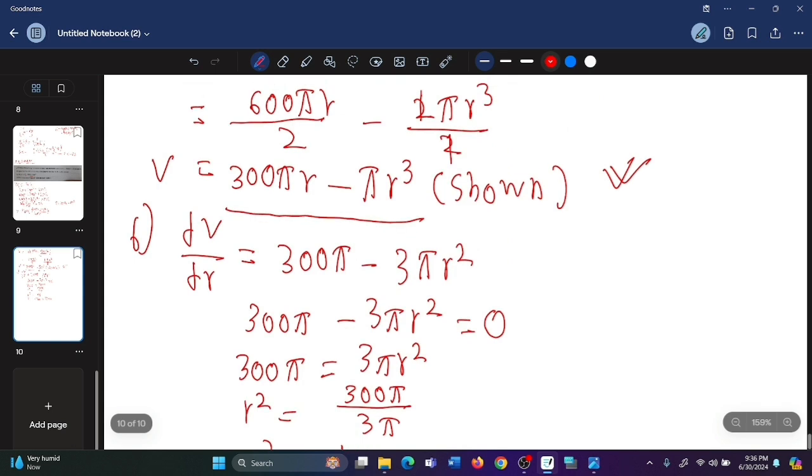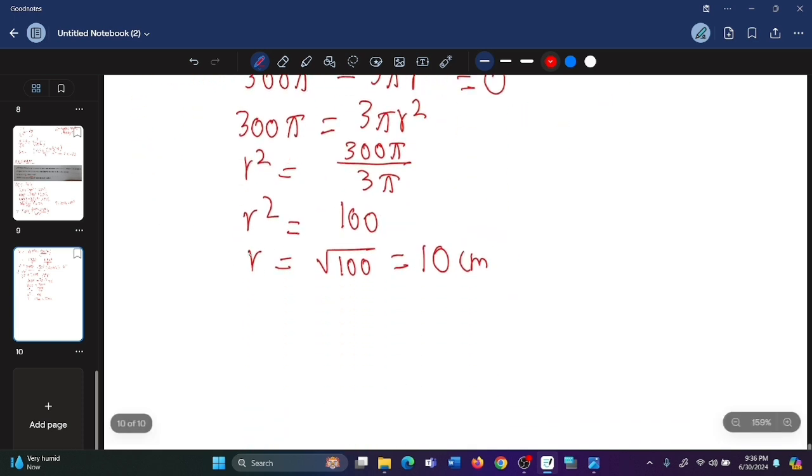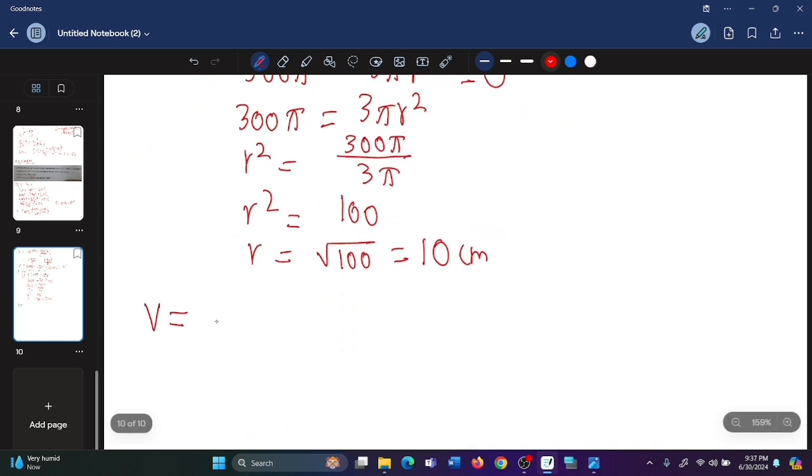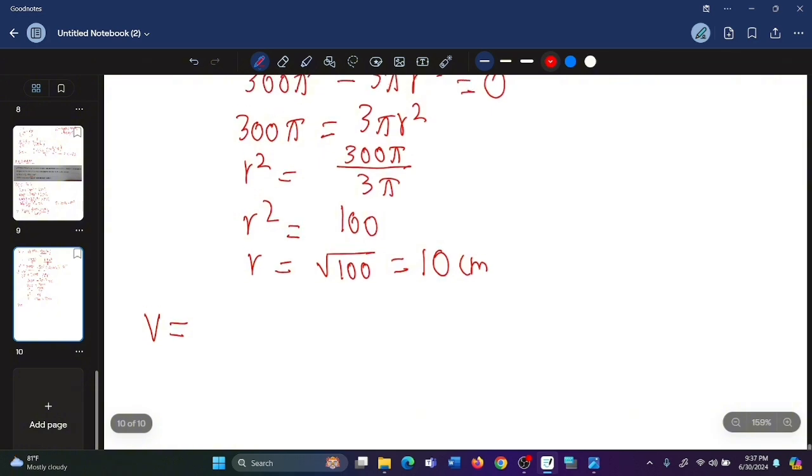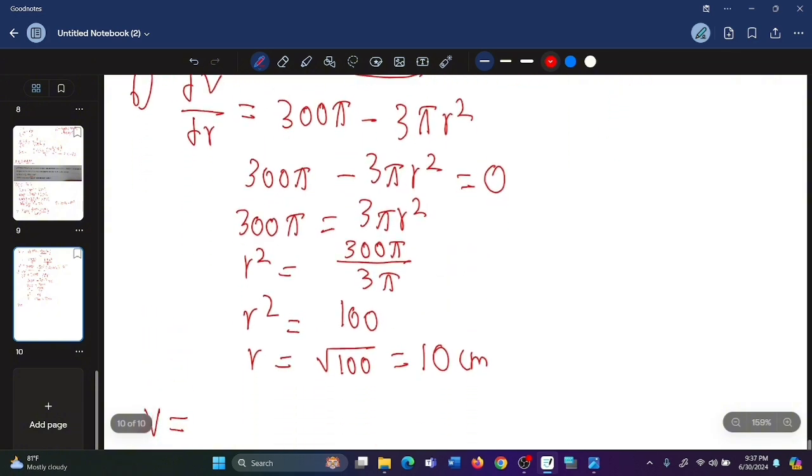Let's find the stationary value of V when r equals 10. As we know, V has a stationary value at r equals 10. So now we just have to substitute the value 10 instead of r to find the stationary value of V. So V equals 300 pi r minus pi r cube.